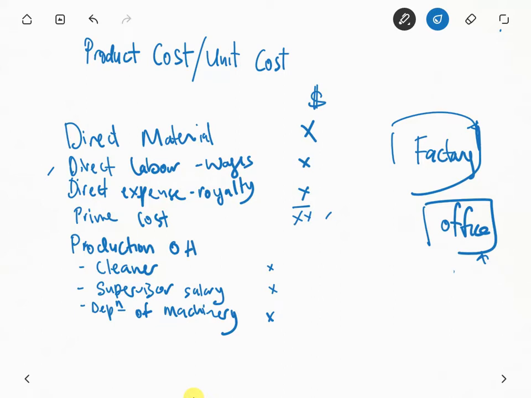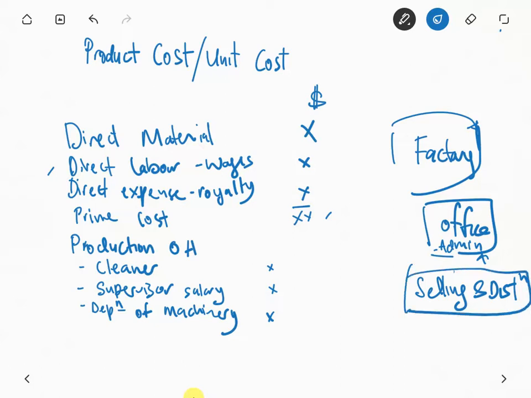Expenses. So expenses, we put it under selling and admin. This is selling and distribution. This is admin. Selling and distribution is related to sales. We put depreciation of motor vehicle here.